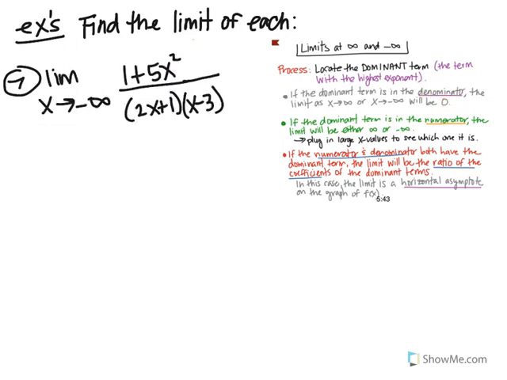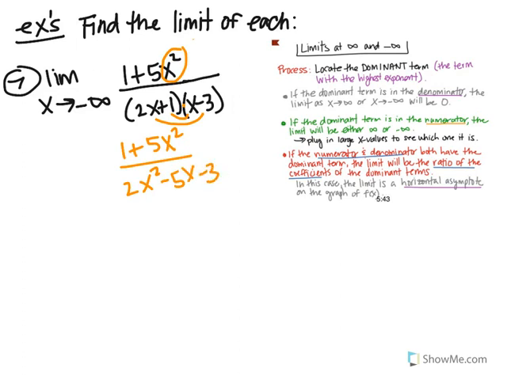In this next example, I wanted to illustrate a common mistake that I do see a lot. People automatically tend to think, oh, here's the dominant term because it's squared, and they forget that these two are multiplied down there. Well, if I were to go ahead and multiply that out, the denominator would actually come out to be a 2x squared, and then I'd have a minus 6x and a positive 1x, or a minus 5x, and then a minus 3.